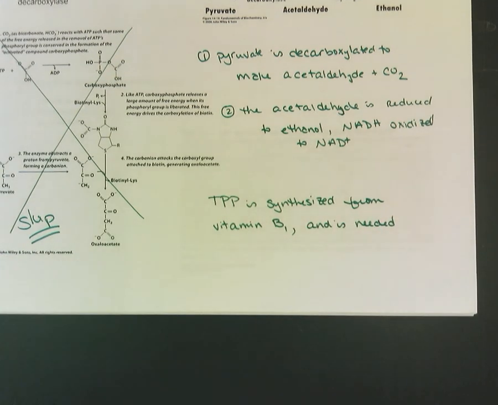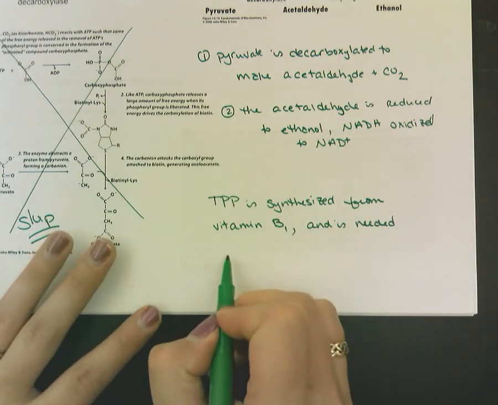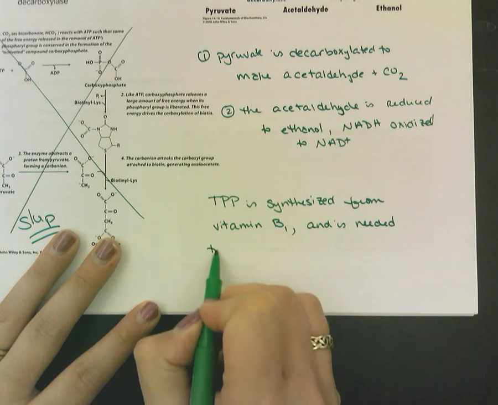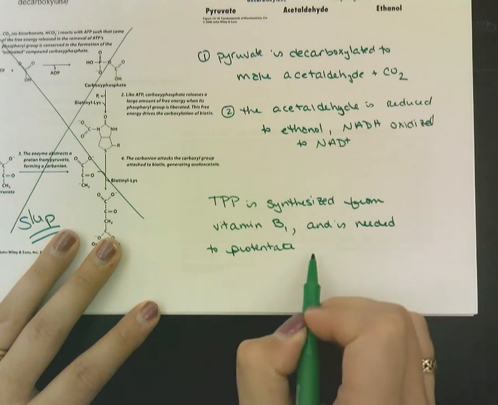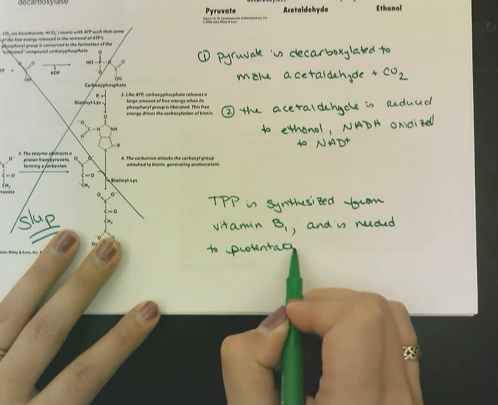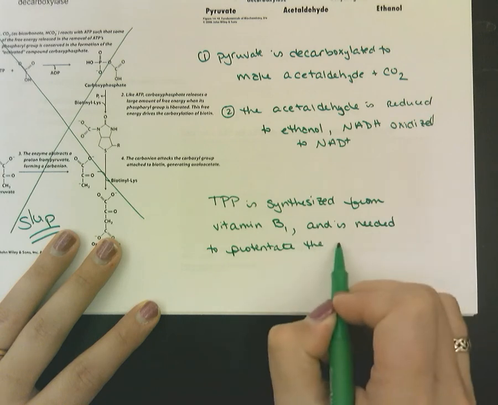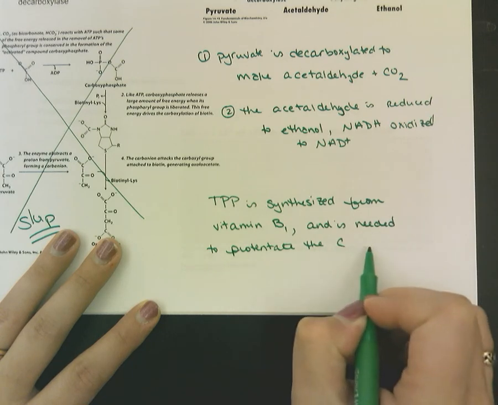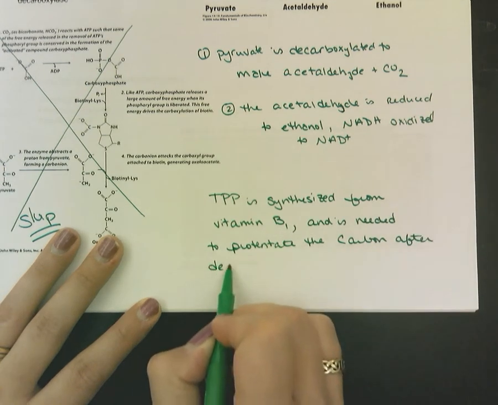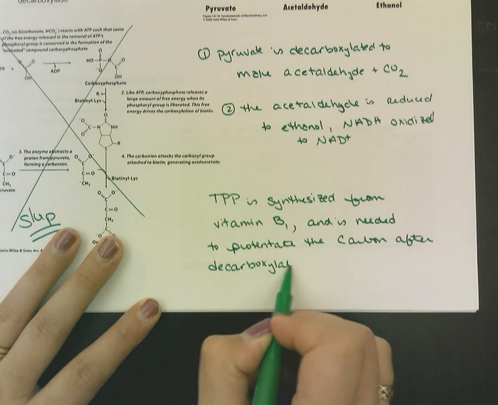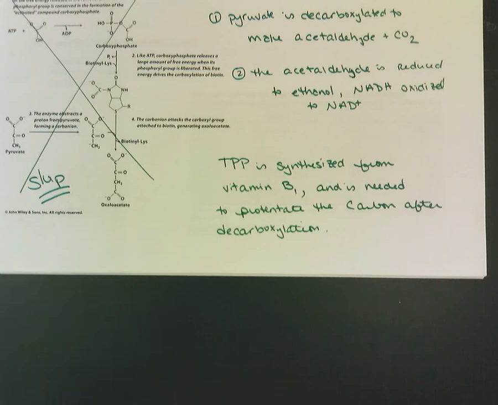And TPP is going to be needed in this reaction, to protonate the carbon after the decarboxylation.